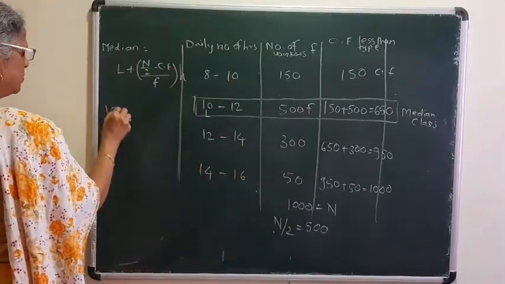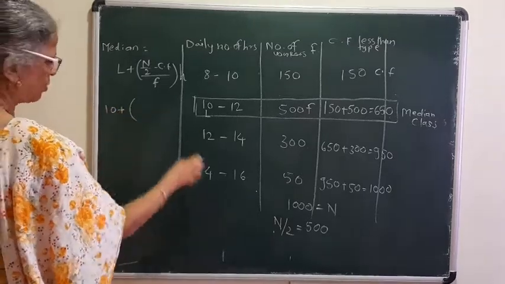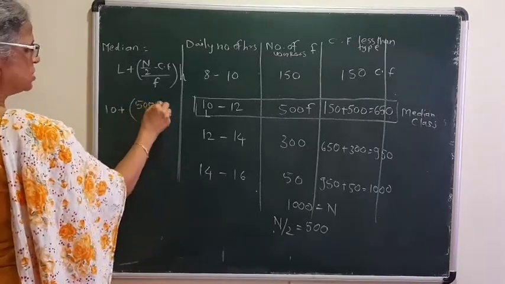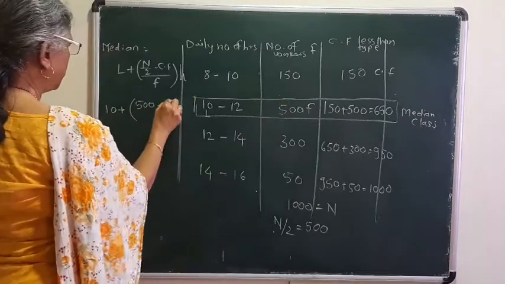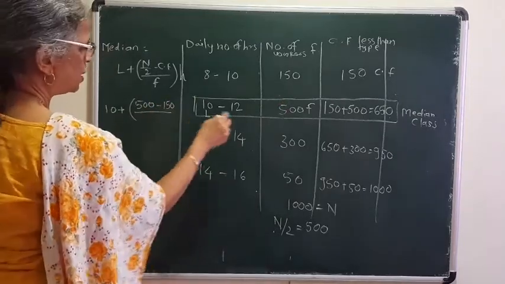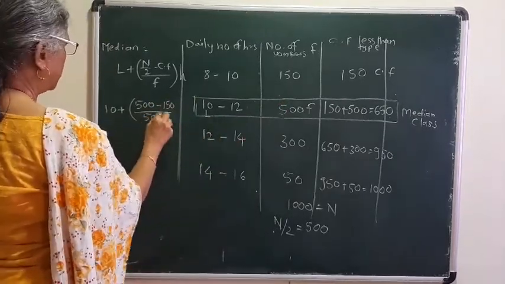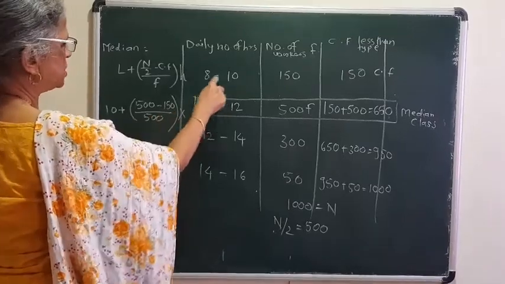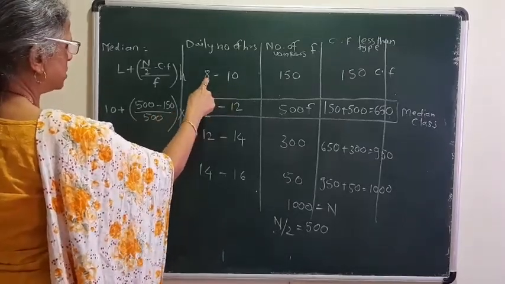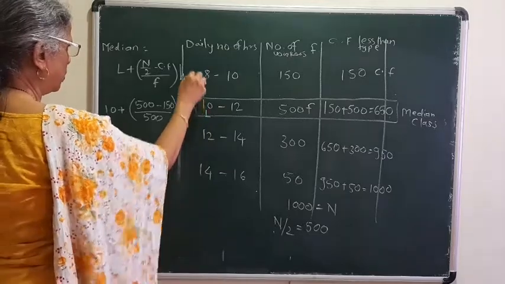L is 10, plus N by 2, I have got 500, minus CF, I have got 150, divided by F, I have got 500, and H is the class width, 10 minus 8, that will be 2. Followed?